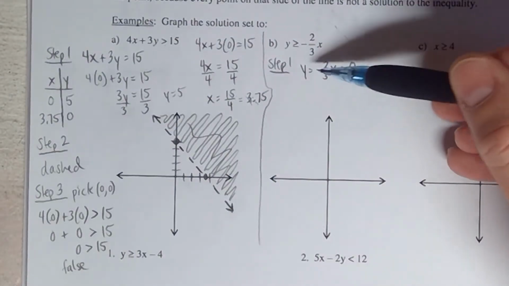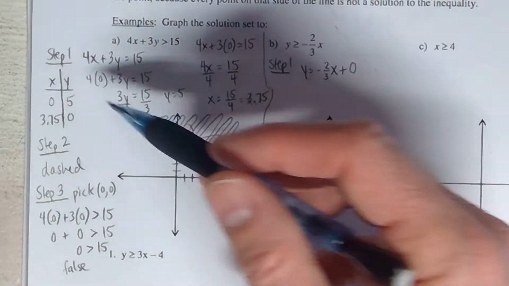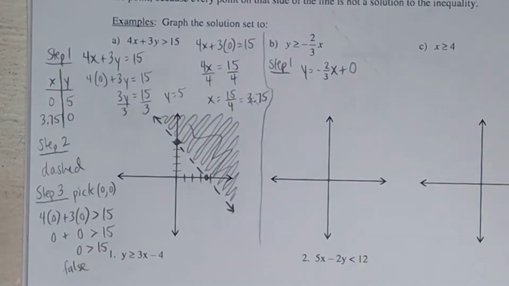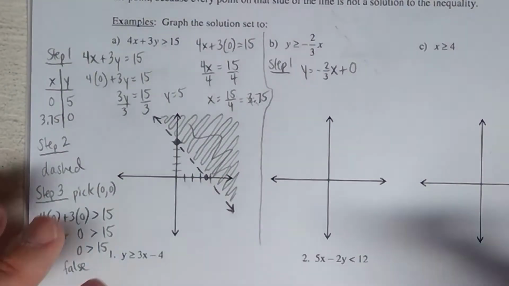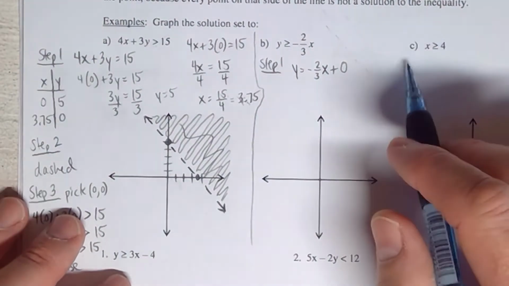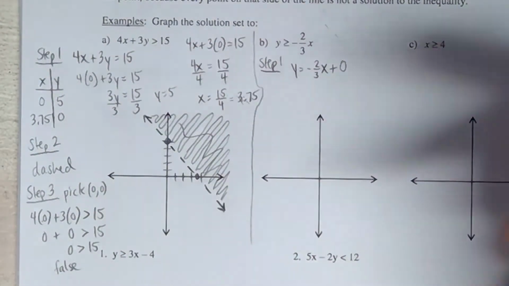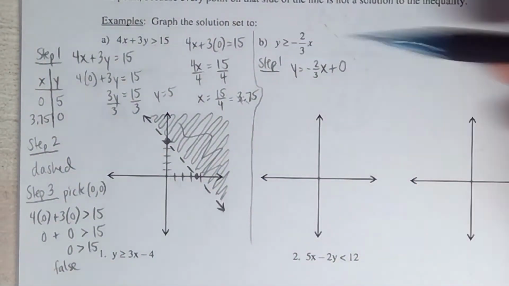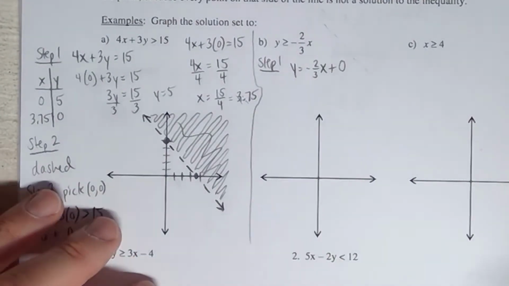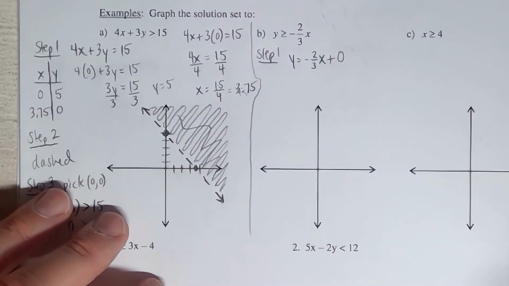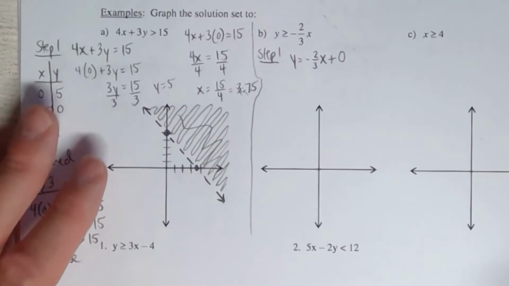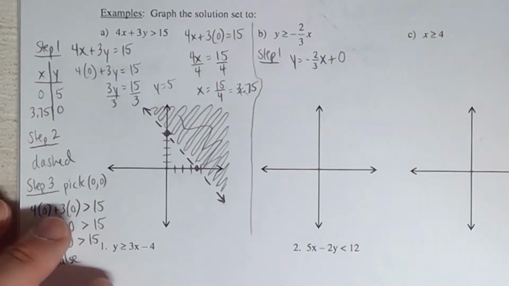I could plug in a couple of numbers into this equation too, just like I did over here, and that would be fine. As long as you know what you're doing, you could do either method. Now, when we have just one variable that's visible, I'll review that with you again. That's different. But when we have both variables visible here, you could do either method. Either plugging in a couple of numbers or doing the y equal to mx plus b thing.